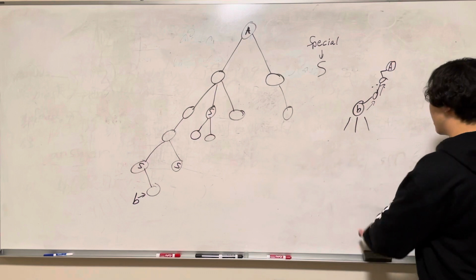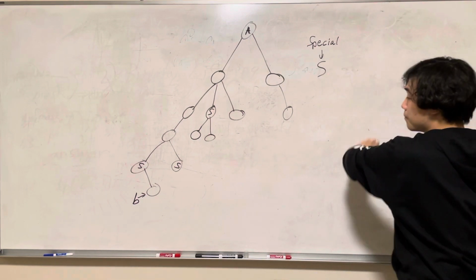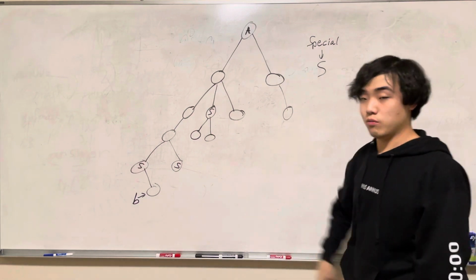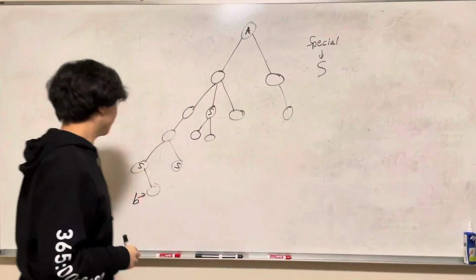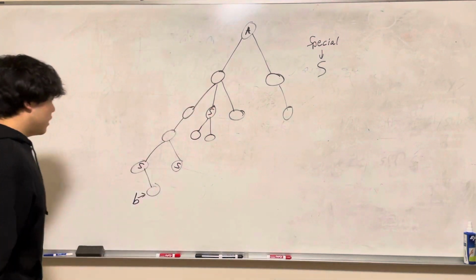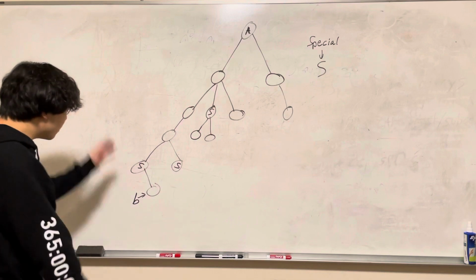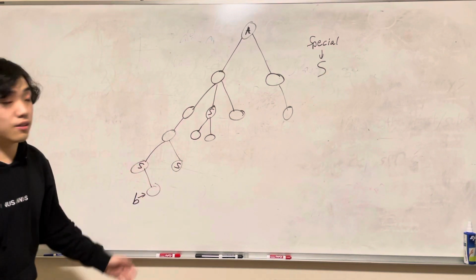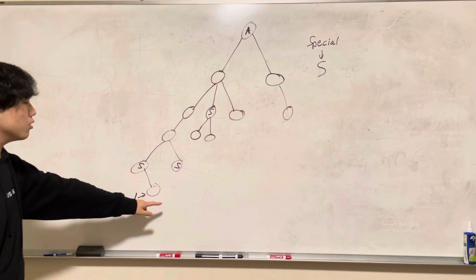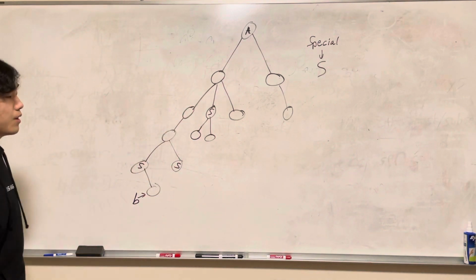So let's assume that in our original example, this is node B, and this is node A. Keep in mind that B, because it's a leaf and it's not a special node itself, has no special nodes in its subtree. So the case that we just mentioned doesn't apply to this node over here.